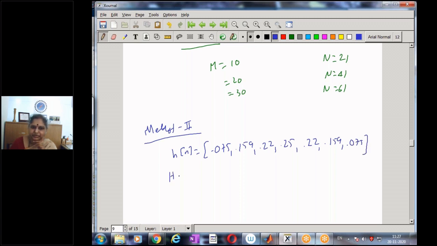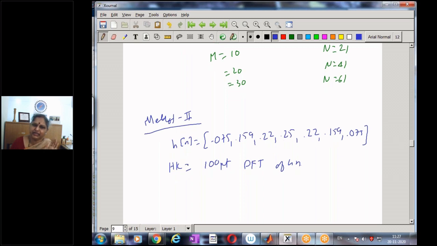I simply compute H of k as the, let us say, 100 point DFT of h of n, and then I take the magnitude, the absolute value of H of k, and then I have my response.